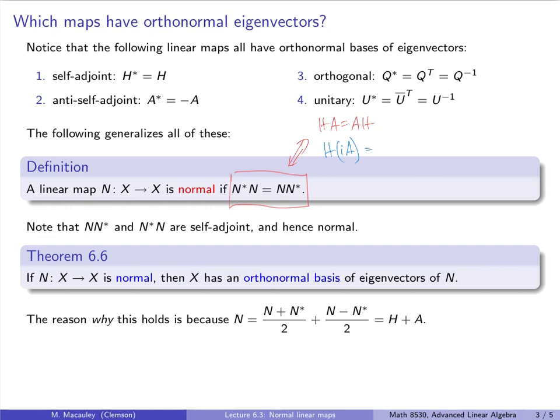And so these will commute as well, clearly, because multiplying by a scalar doesn't change anything. And so by the theorem that we just proved, H and iA, and hence H and A, have a common orthonormal basis of eigenvectors. So if H and A have a common orthonormal basis of eigenvectors, then so will their sum, which is N.